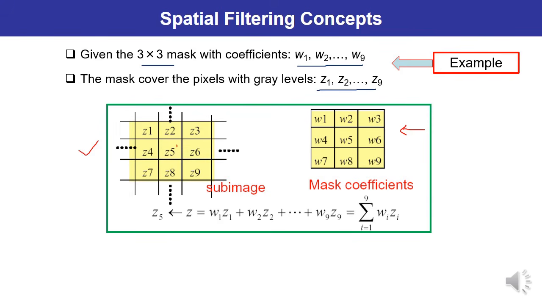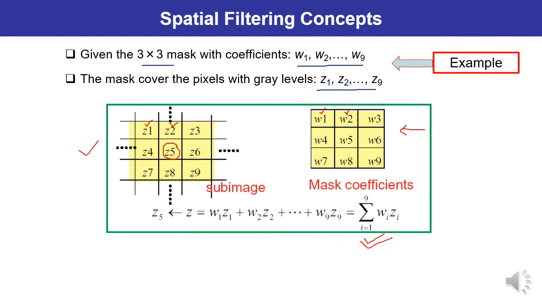If you want to modify or enhance this particular pixel value Z5, which is the center one, you can see all these are neighboring pixels. So Z5 will be modified as W1 into Z1 plus W2 into Z2, and so on; the same mask and image intensity pixels are multiplied, and finally you can write it in the generic form.